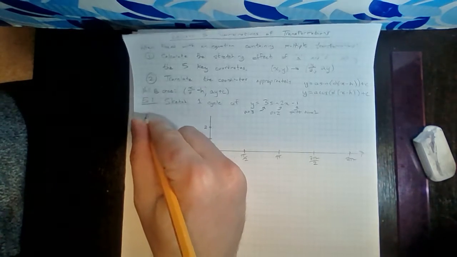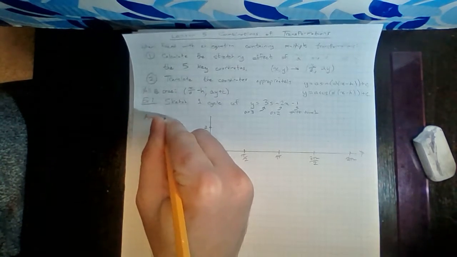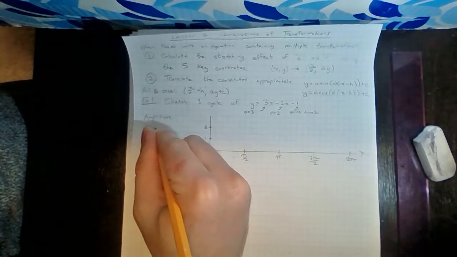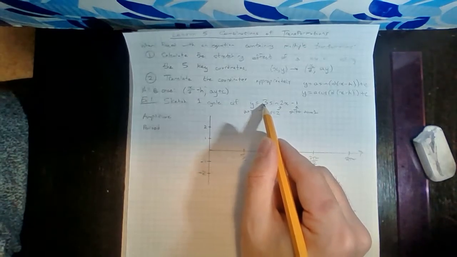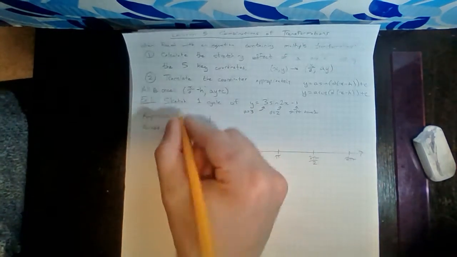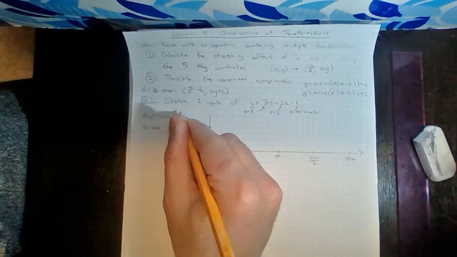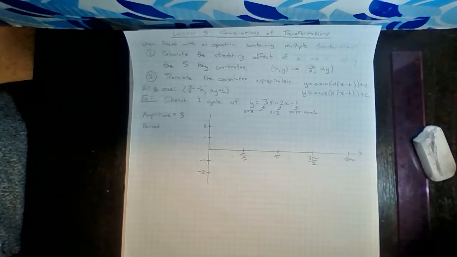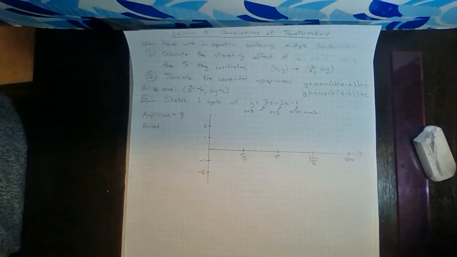So our amplitude and period, which is two of the things we're most concerned about for these periodic functions. Our amplitude, remember, was affected by vertical stretches and compressions. So if we're stretching by 3, our standard amplitude is going to get multiplied by 3, so we get 3 instead of 1.